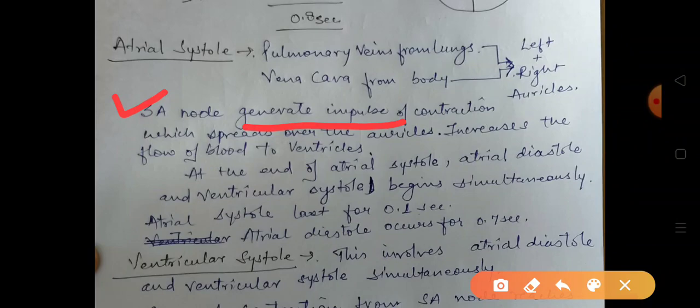It is an auto-generating muscle. So it starts generating the impulse, and this impulse of contraction spreads over the auricles. The complete auricles receive the impulse and the auricles start contracting.